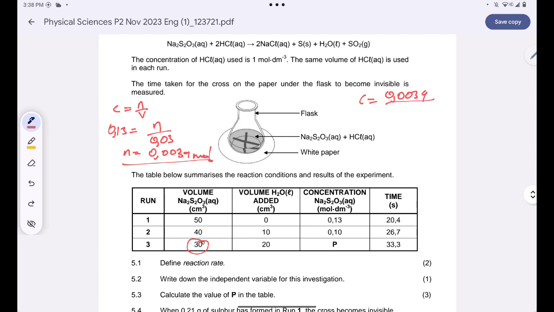The volume now is no longer 30 cubic centimeters. It's the combination of 30 cubic centimeters and 20. I have 0.05. So I'll just divide this by 0.05. I'll simply get 0.078 mole per cubic decimeter. So P is just equal to 0.078.